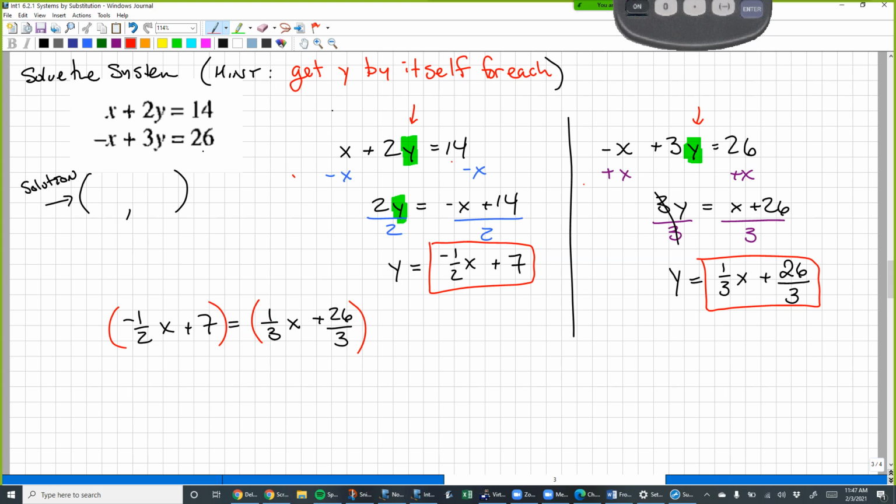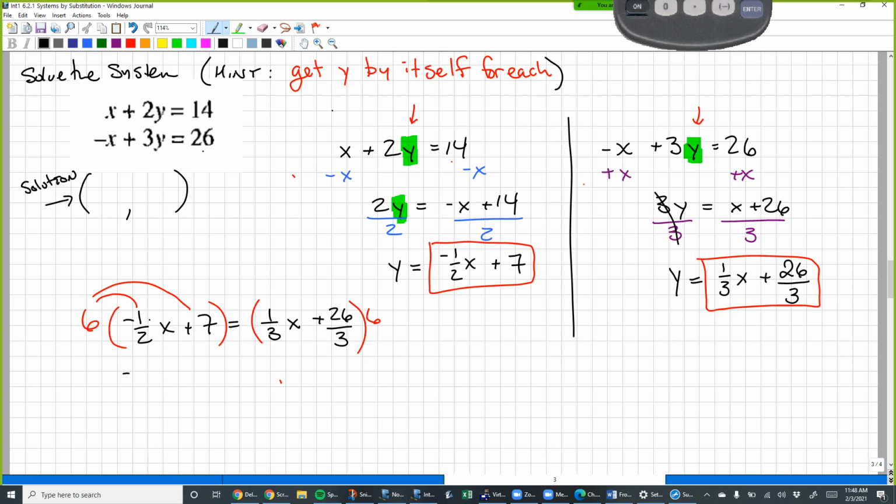Now think, what would be the fraction buster that gets rid of both the 2 on the bottom and the 3 on the bottom when we multiply it on both sides? It's going to be our common multiple of both 2 and 3. If you're thinking of 6, you're right. We multiply everything by 6, and it's going to get rid of both of the fractions.